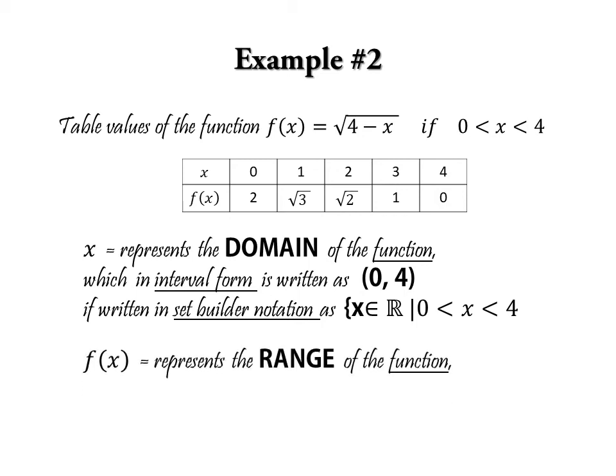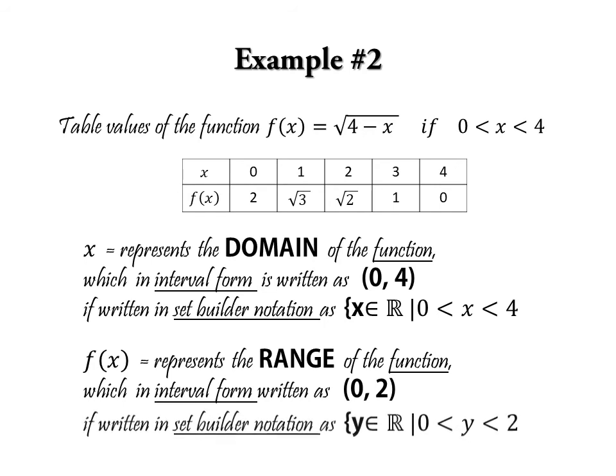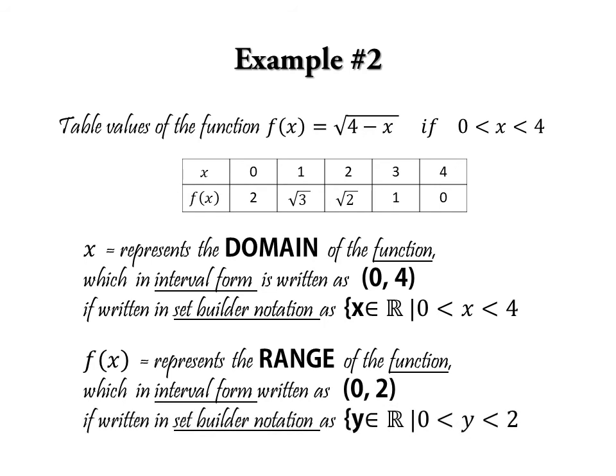The y values represent the range of the function, which in interval form can be written as open interval 0 to 2. In set builder notation, y is an element of R, where y is greater than 0 but less than 2.